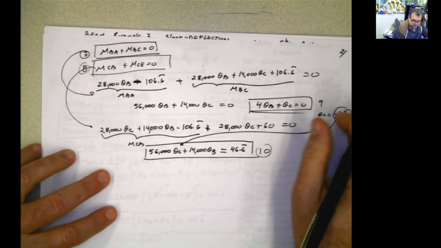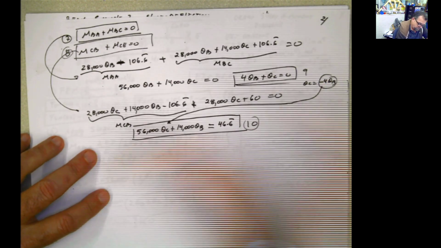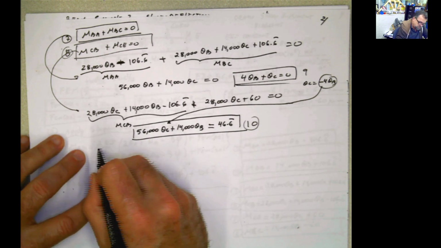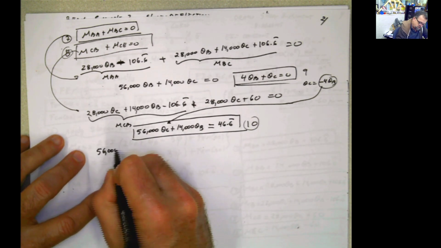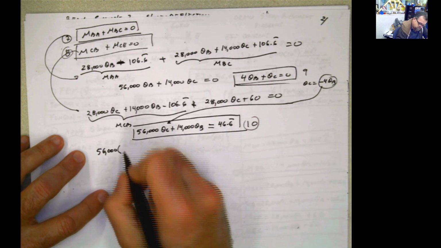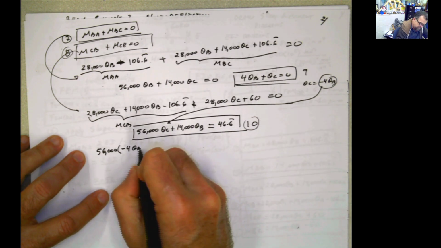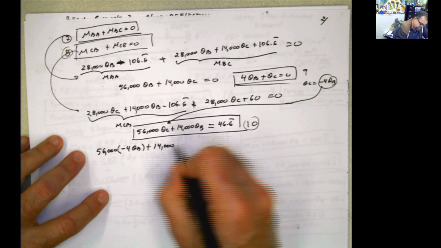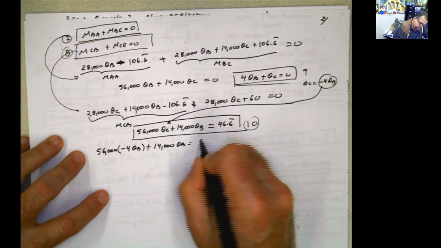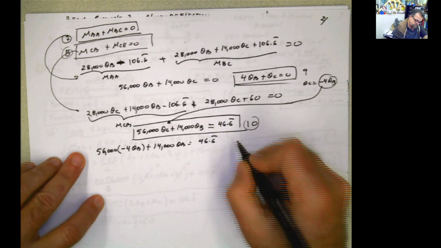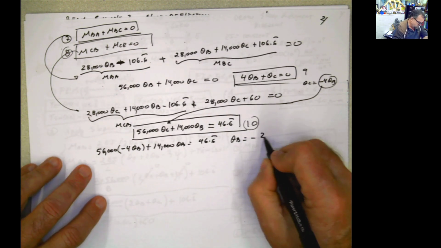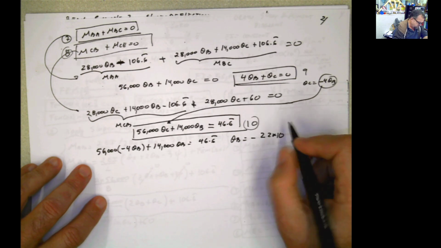You know, the majority of the people just solve it and that's it. I'm working it with you. And if you get bored and you know how to solve it, teach me, because I always mess up. And then you can solve for that: negative 2.2 times 10 to the negative 4.